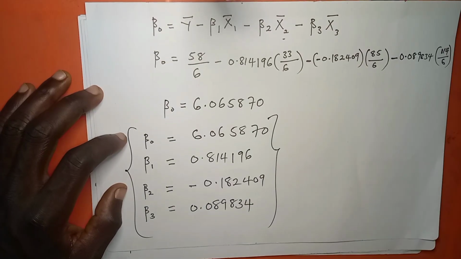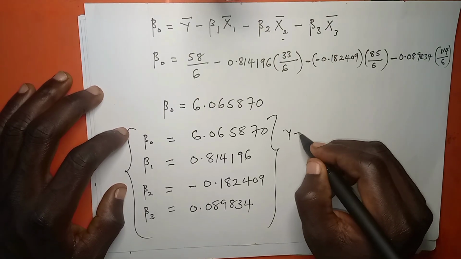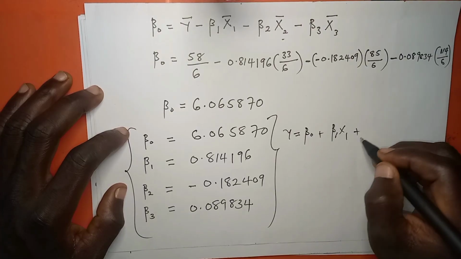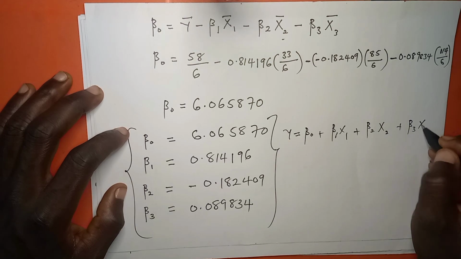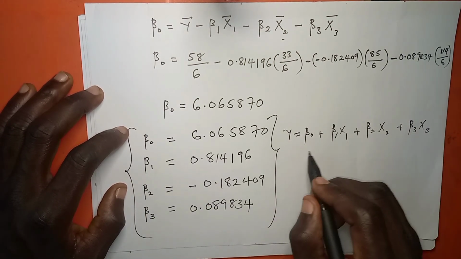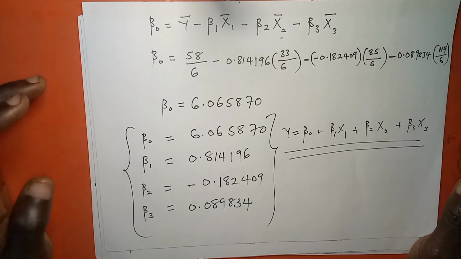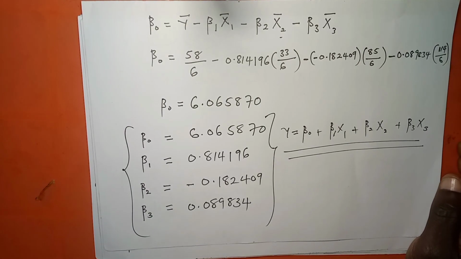And if you remember, right from the beginning, we have y equals beta naught plus beta 1 x1 plus beta 2 x2 plus beta 3 x3. So we know the value of each parameter here that we can slot into this model, and that is how to calculate multiple linear regression involving three independent variables.